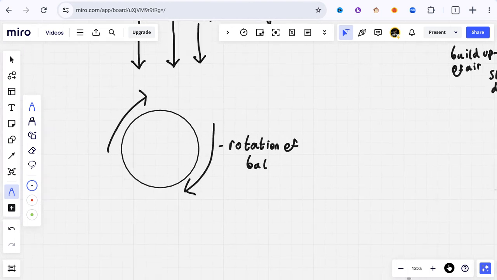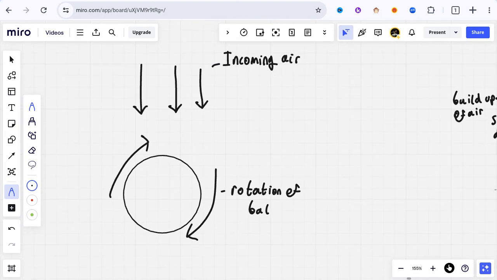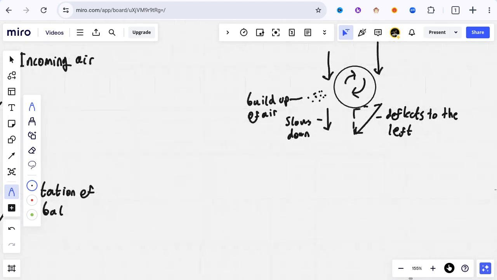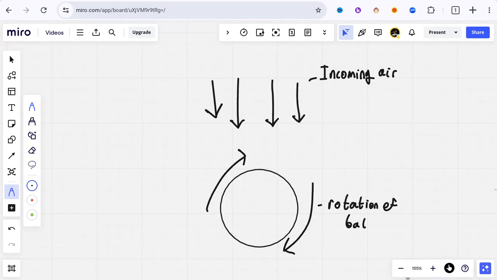Now the thing is, the rotation of the ball is very important, and it's the thing that causes it to curve in the first place. As you can see here, incoming air arriving on the ball while it's rotating will cause certain types of effects. And the reason why the incoming air is in this direction as opposed to this direction is because the ball is moving forwards.